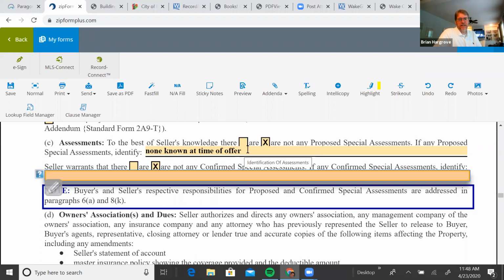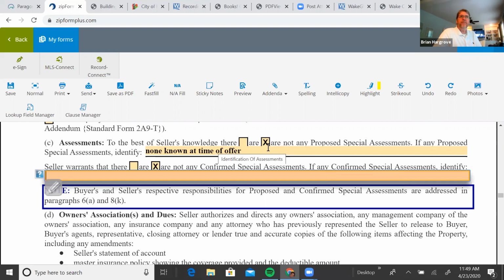It doesn't make any sense. You can't put that in there on one of these. If it's a confirmed assessment, the contract says that the seller has to pay for it at closing or prior to closing. But for a proposed special assessment, you can't write none known, but if any to be paid for by seller, because that's almost physically impossible.